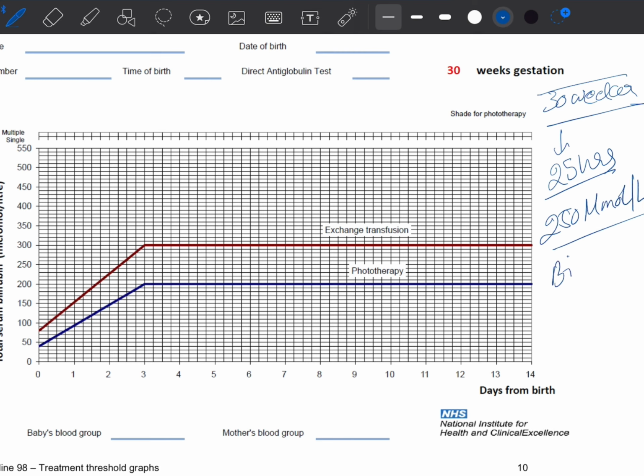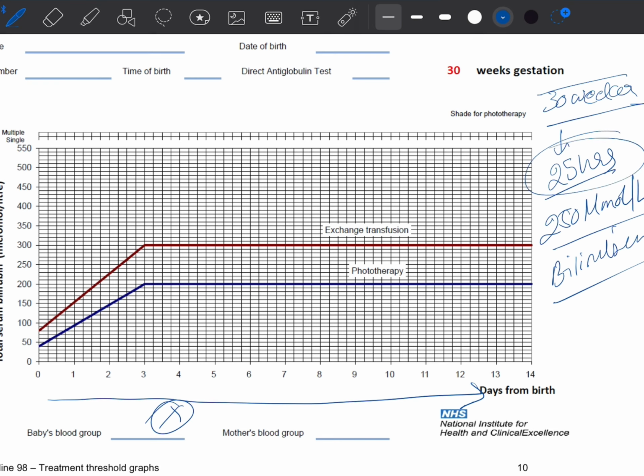If you see the charts, we have the x-axis, which contains the days from birth, and the y-axis contains the value in micromole per liter. So on day 1 of life, that is a 25 hour old baby, having a value of 250 micromole. If we connect them, it will come out to be above the exchange transfusion line.